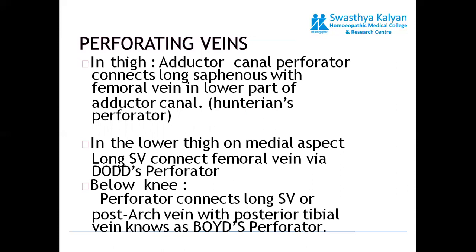In the lower thigh, on the medial aspect, the long saphenous vein connects to the femoral vein via Dodd's perforator, and below the knee, a perforator connects the long saphenous vein or the posterior arch vein with the posterior tibial vein, known as Boyd's perforator.